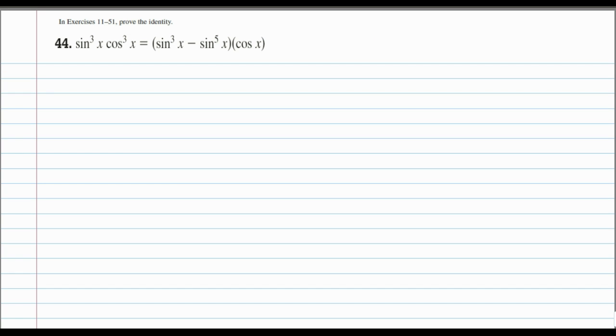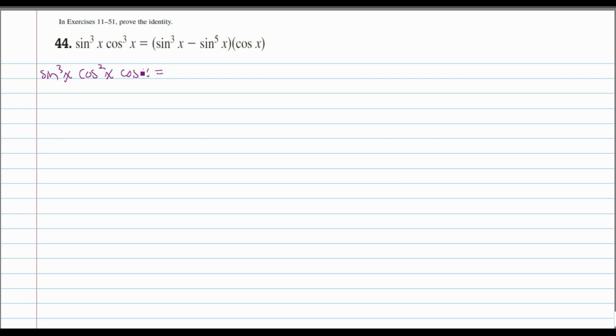Another example I want to show you is when I have a high power of two different trig functions. I have a sine cubed and a cosine cubed. Well, my goal has all sines in it. So I'm going to leave sine cubed alone for right now, and I'm going to work by breaking up cosine cubed. Sine cubed x, I'm going to change cosine cubed to cosine squared of x times cosine of x.